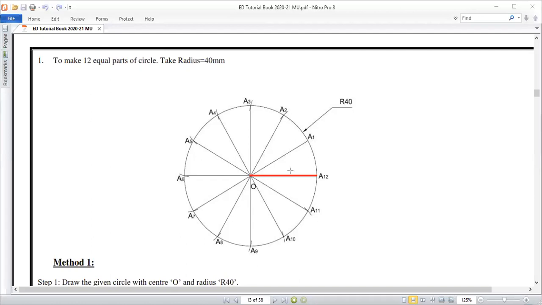After that, you need to use the compass, taking the center as O and the radius as 40. So keep your compass in such a way that it indicates 40 mm, right? Using it, you can draw one circle having a radius equal to 40 mm. This is your first task.